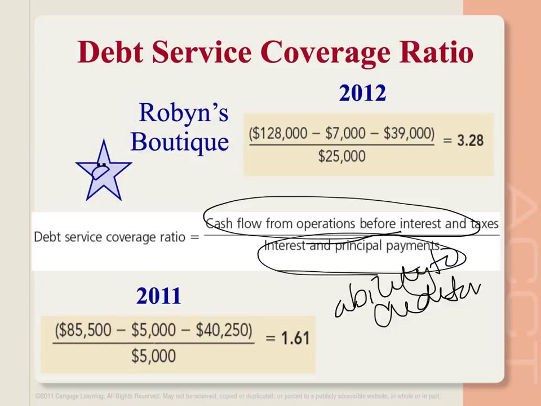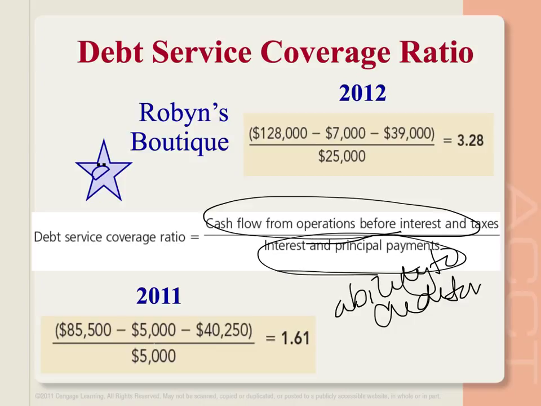First, the ratio considers only interest expense. Management and other decision makers must be concerned about the amount of principal that also has to be repaid. Second, the ratio doesn't take into consideration the non-cash adjustments to net income. And these are the two weaknesses of the ratio that I showed you before.